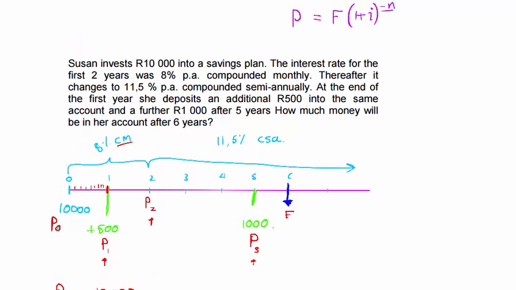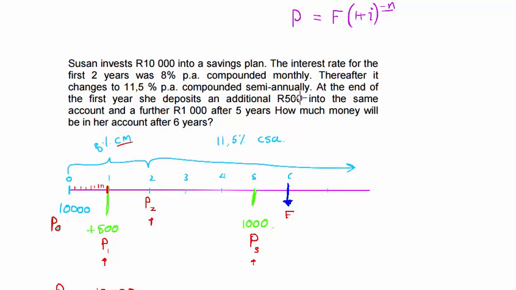Because they give me the answer as 8% per annum. That's how much I get per year, compounded monthly. That's why I divide it by 12, because I get 8 in total, but I get it each month, and in total it must be 8. So I divide by 12. That gives me how much I will get every month.